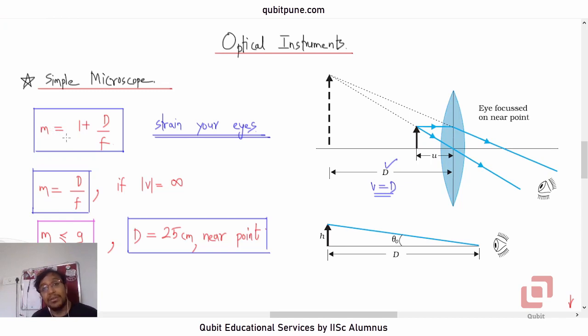It all depends on where the image is formed. If the image is formed at the near point, then you have to strain your eyes a bit to see it clearly. So we compromise on magnification, we make it smaller by 1, but then the experience is more comfortable, comfortable viewing.